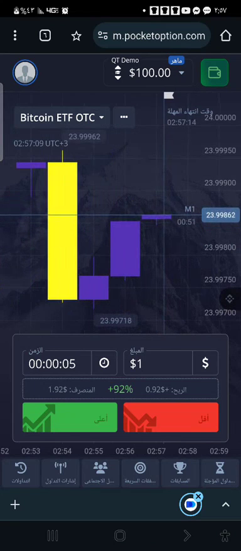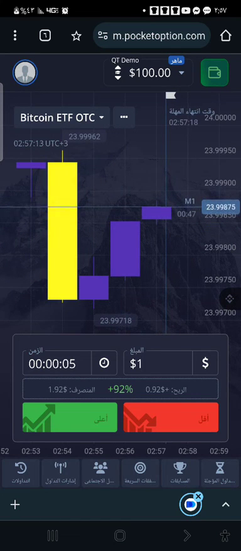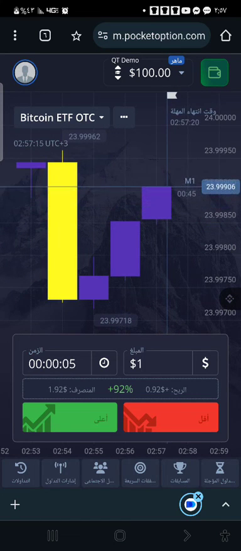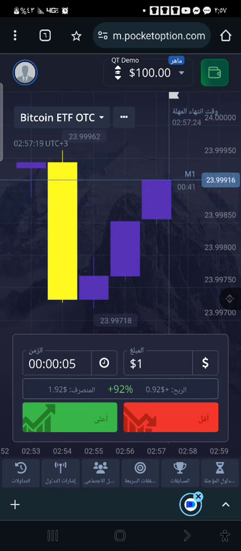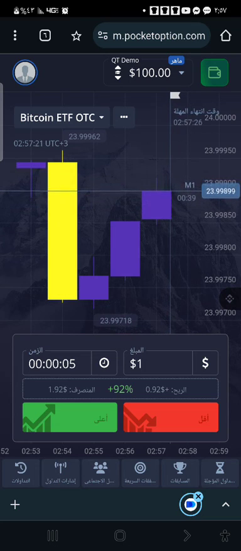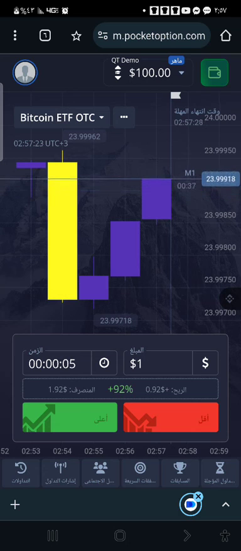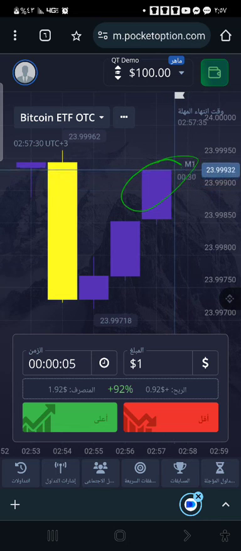Now let's see what happens in the third second. In this model, there was a rise and then a fall.